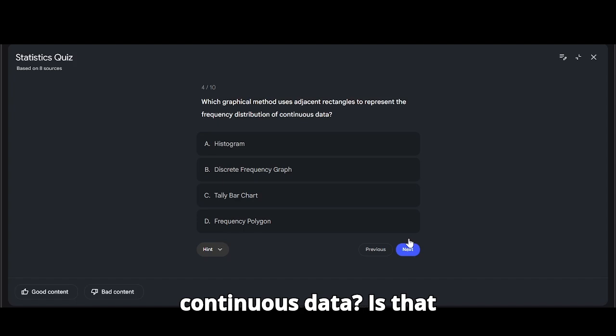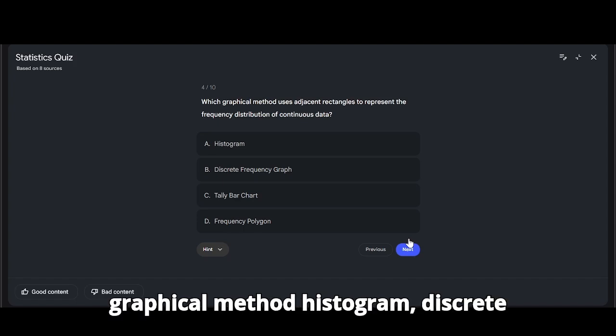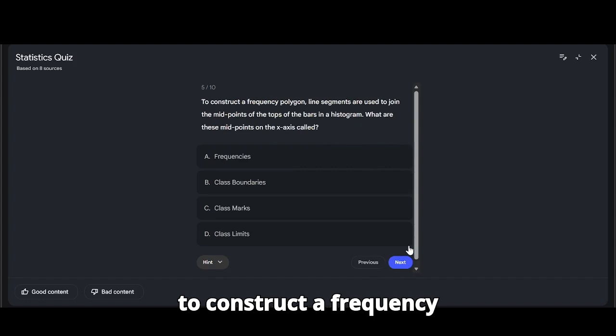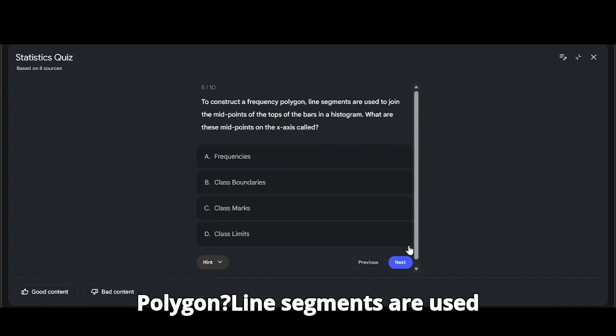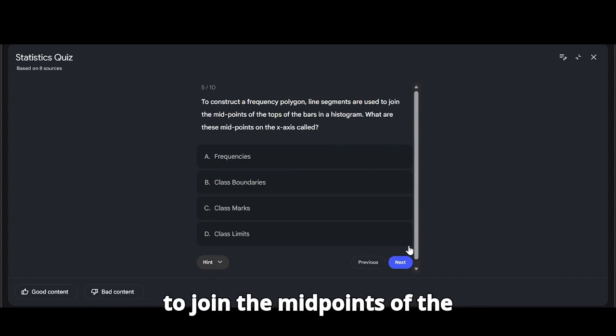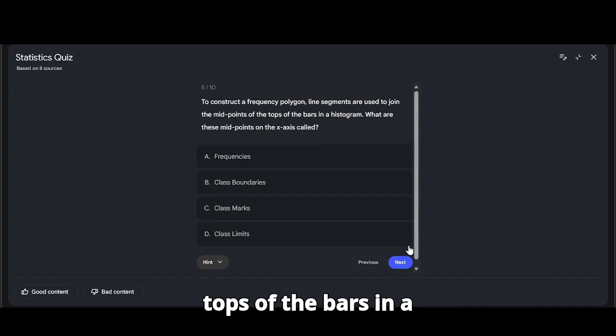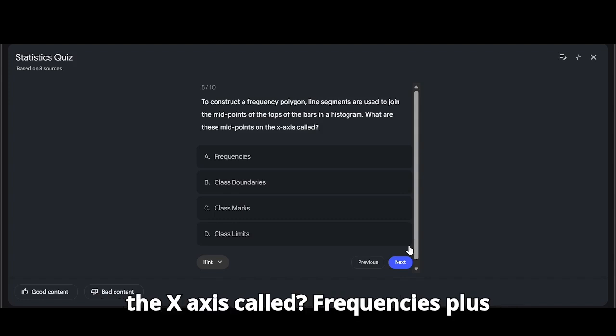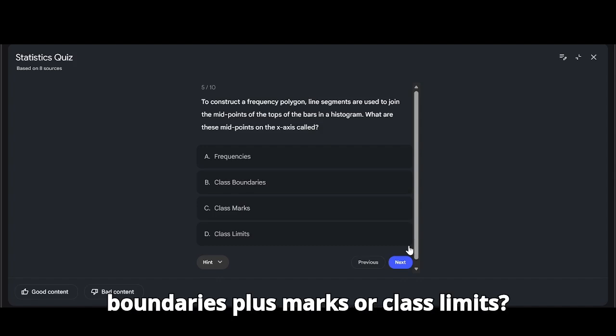Is that graphical method histogram, discrete frequency graph, tally bar chart, or frequency polygon? To construct a frequency polygon, line segments are used to join the midpoints of the tops of the bars in a histogram. What are these midpoints on the x-axis called? Frequencies, class boundaries, class marks, or class limits?